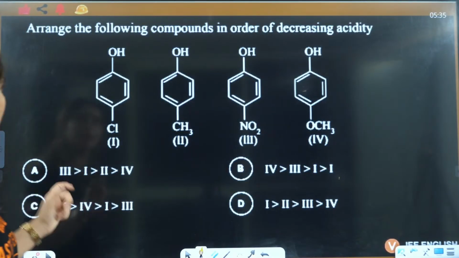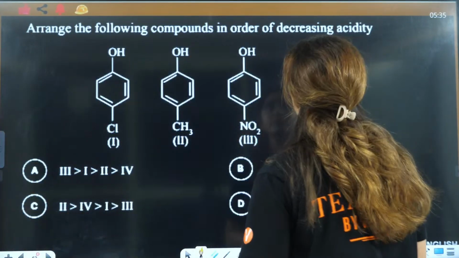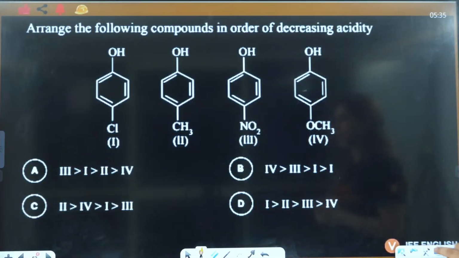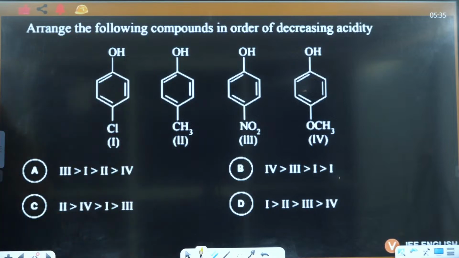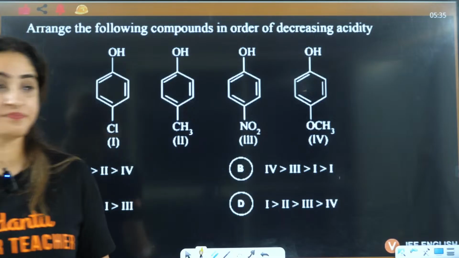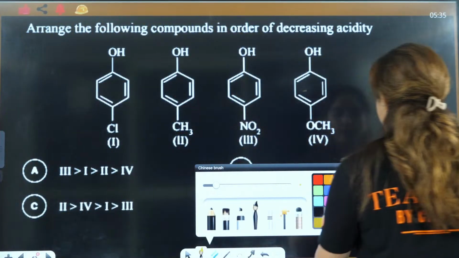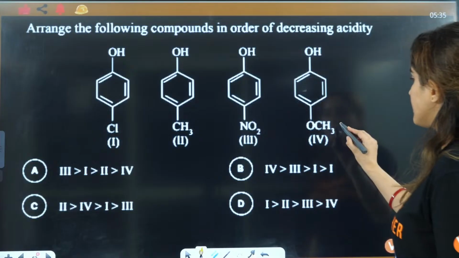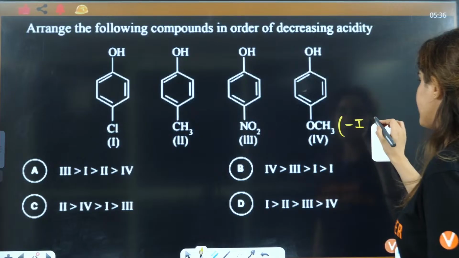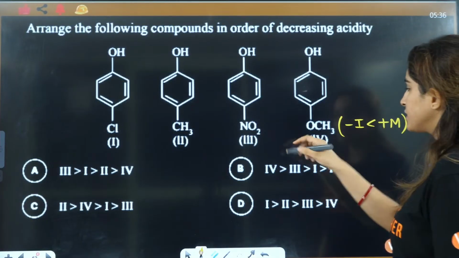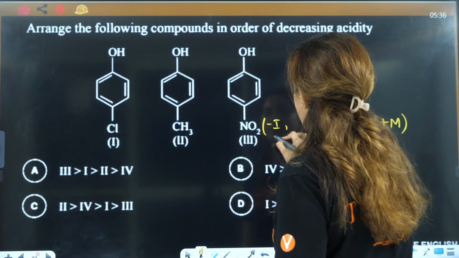Next is, arrange the following compounds in order of decreasing acidity. Arrange it in order of decreasing acidity. This will show -I and +M, with -I being more dominating. This will show -I and -M.